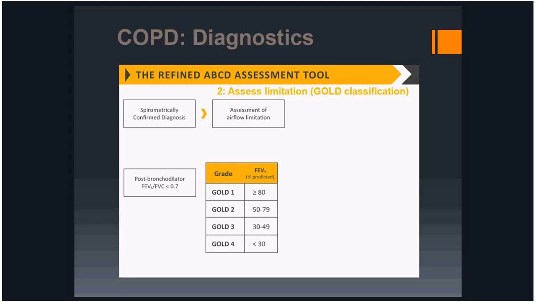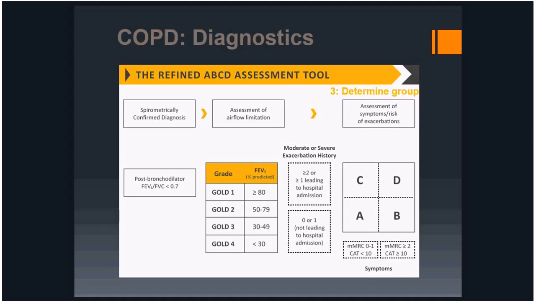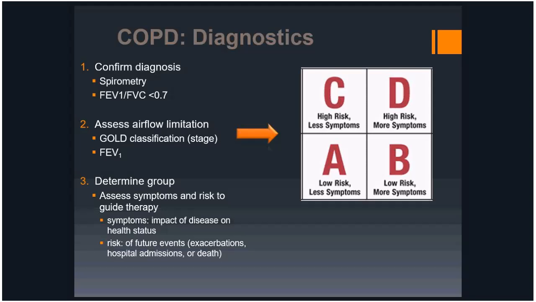And so after that, that's step 2. Now we're going to determine step 3. We're going to figure out what group they belong to. There are 4 groups, A, B, C, D. Determining their group helps you determine their initial therapy. And so how do we determine their group? I want you to think of it as though you are plotting a point on a graph.